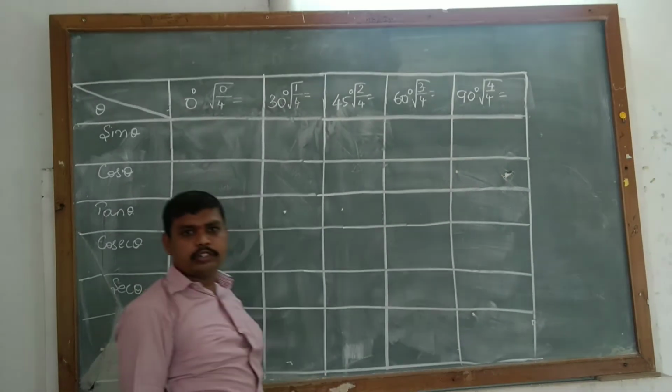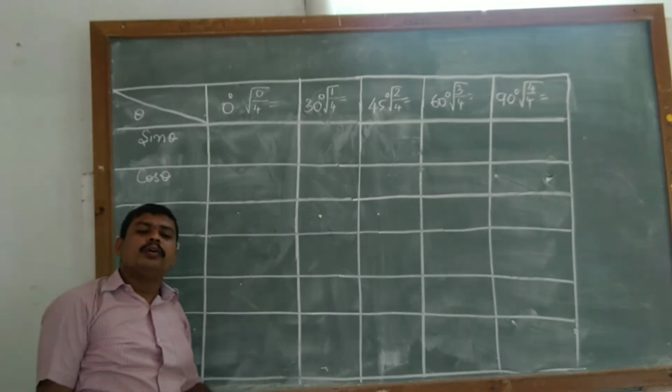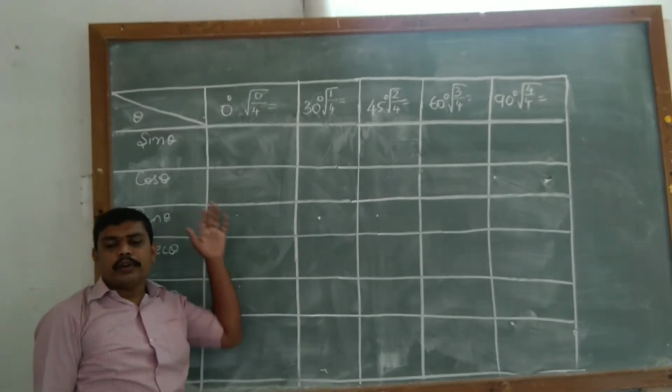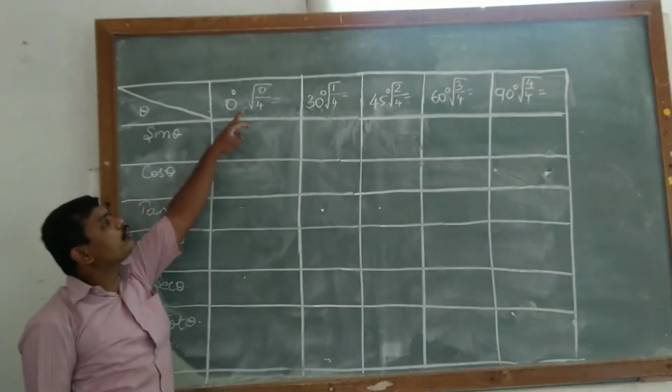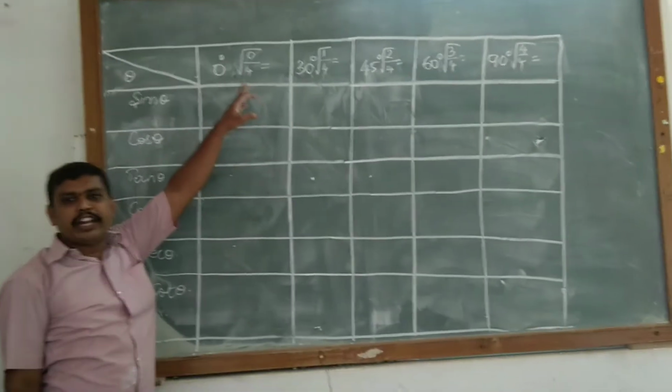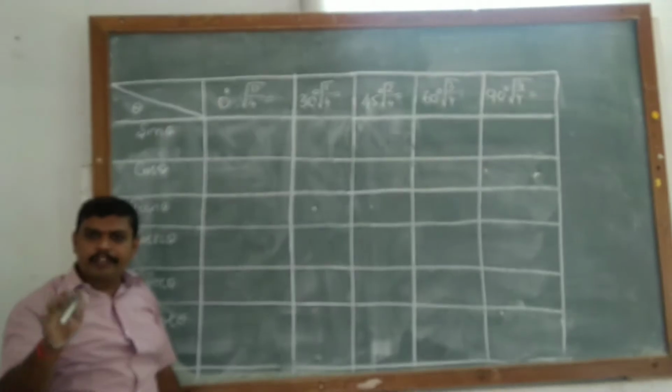Okay students, these are the 3 steps which you are going to follow when you are going to find out the values. First one is you are going to assign the values 0, 1, 2, 3, 4. Then after that, each and every number you are going to divide it by 4.